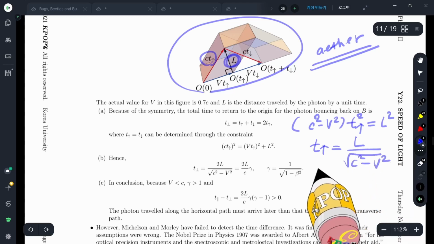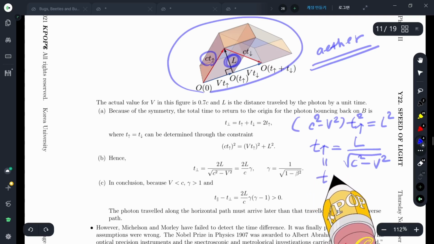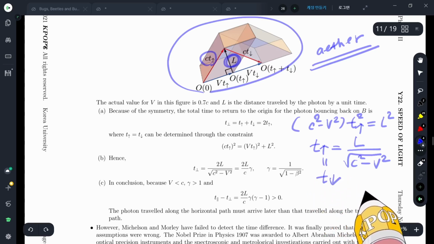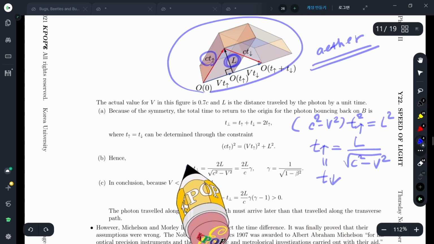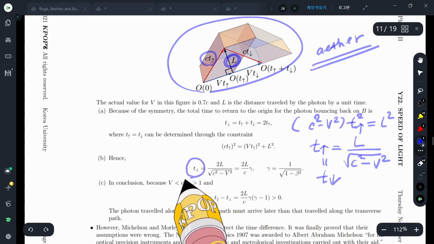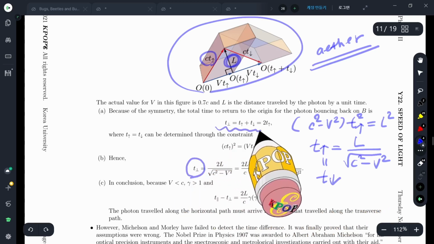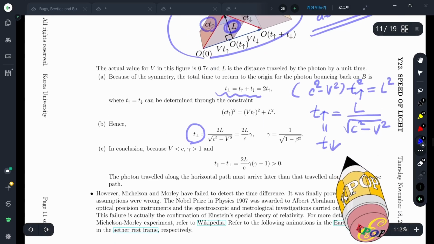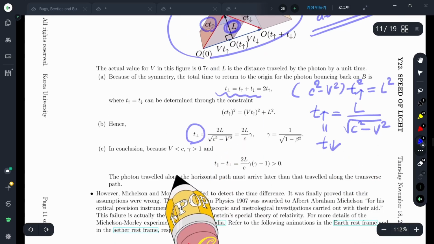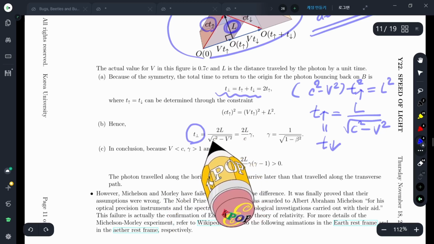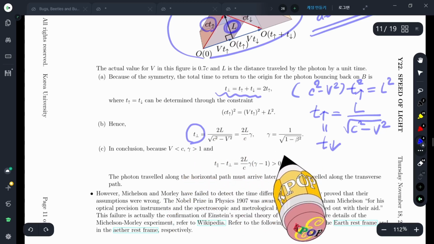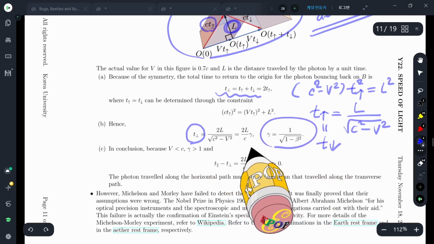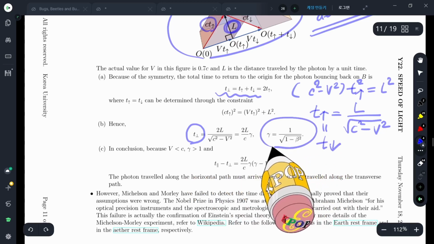Because of the symmetry, t up should be the same as t down, so the total time, the sum of t up and t down, should be 2L over this. And if we factor c out, then we have a factor. This factor is called the Lorentz factor.